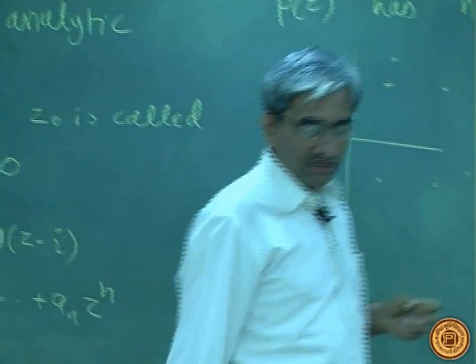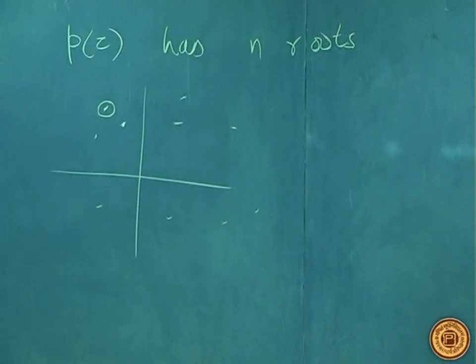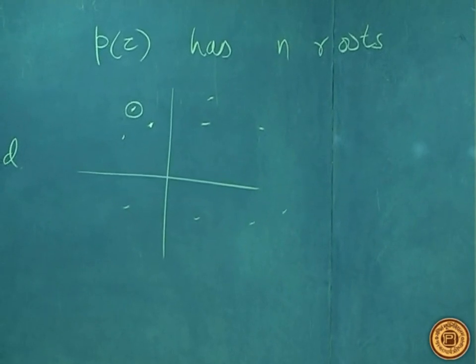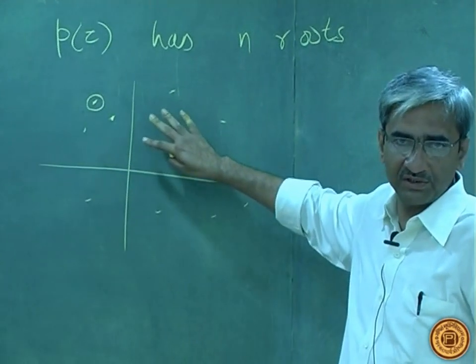Actually, before going to any general analytic function, we would like to think about polynomials. Whatever we can think about a polynomial, we would like to do in case of an analytic function. By virtue of the fundamental theorem of algebra, there are exactly n roots to a polynomial of degree n, and therefore, being a finite set, it is a discrete set, and you can always isolate one zero from the rest of the zeros.